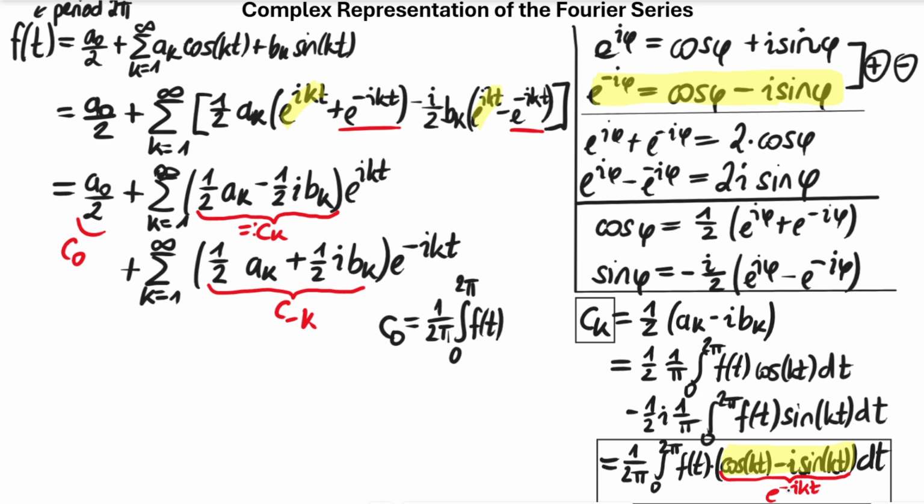So e power 0, which is simply 1. I don't write it now. And what is this? This is actually our a_0 divided by 2. This is the DC component. So you also see that this corresponds to the mean.